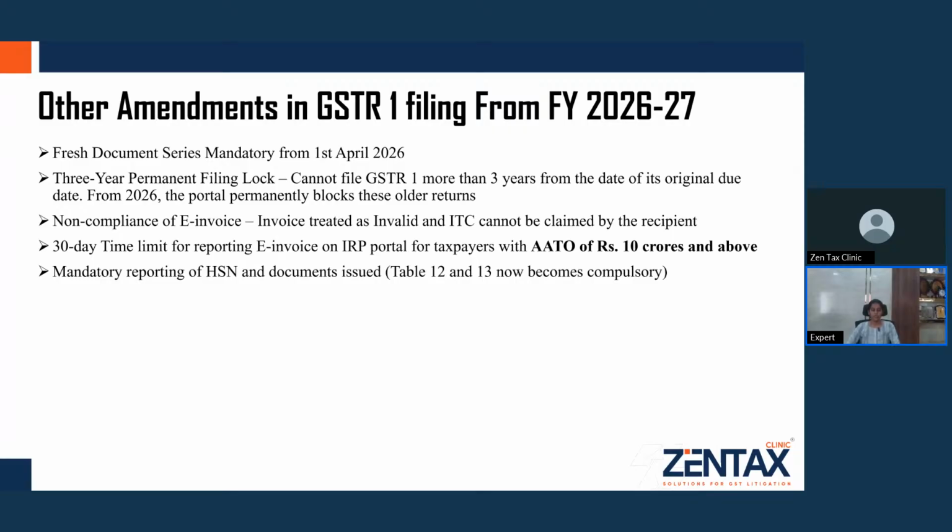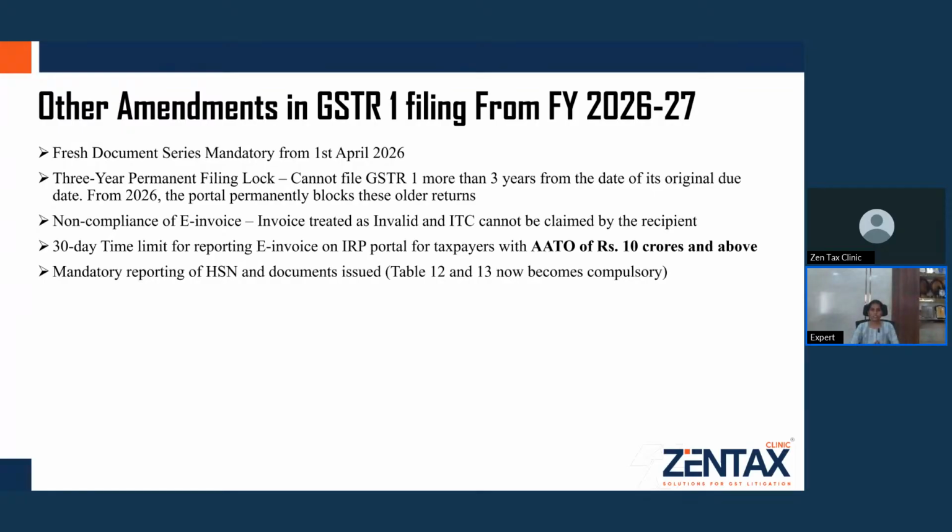And these are the other amendments in GSTR-1 filing from financial year 26-27. Fresh document series: as we all know, from 1st April 2026, every registered person must issue invoices starting on a fresh document series.